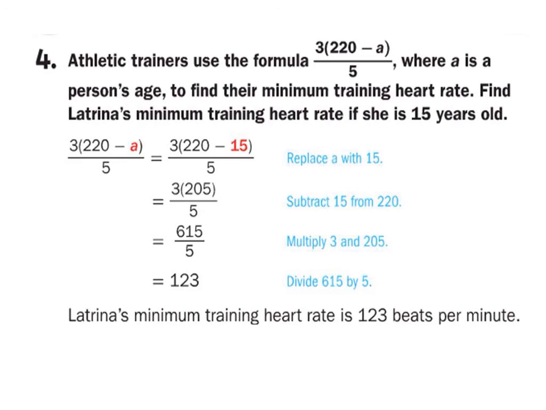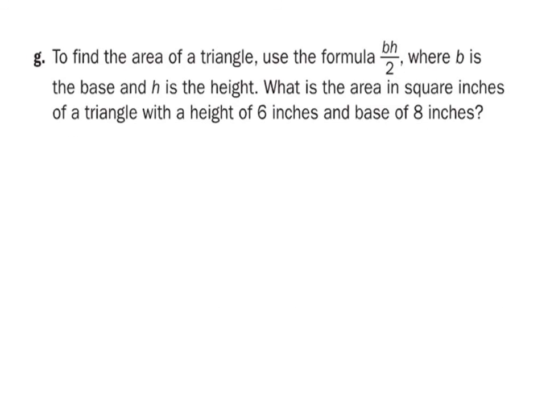All right, here's another equation they give you. There's just words, and then they say he's 15 years old, so you just replace A with 15, okay? Here's an example. Again, they give you the equation BH over 2, which is the area of the triangle.